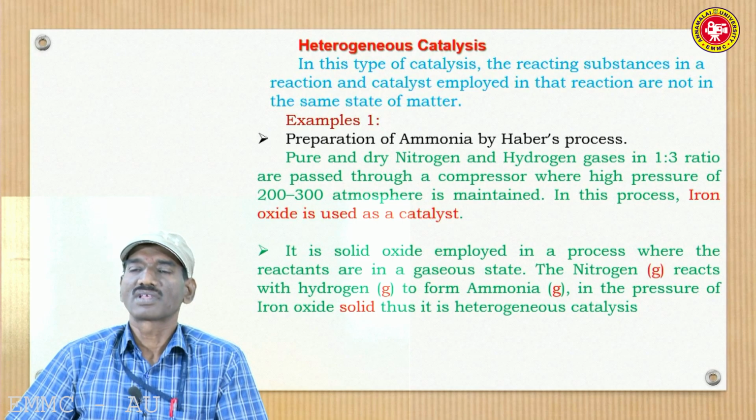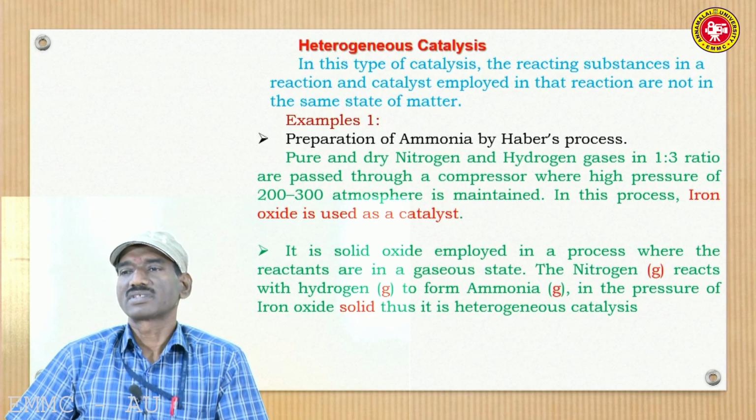In this process, iron oxide is used as a catalyst. It is a solid oxide employed in a process where the reactants are in the gaseous state. The nitrogen gas reacts with the hydrogen gas to form ammonia as a gas.